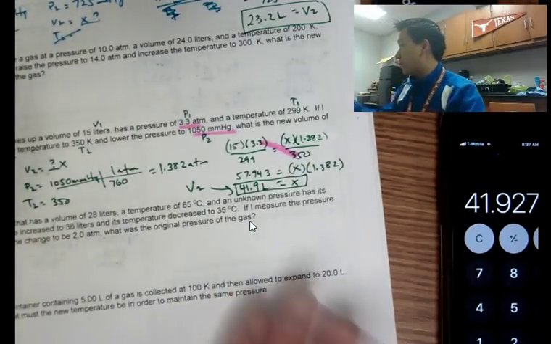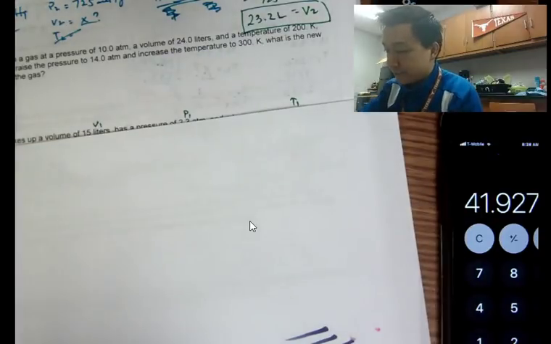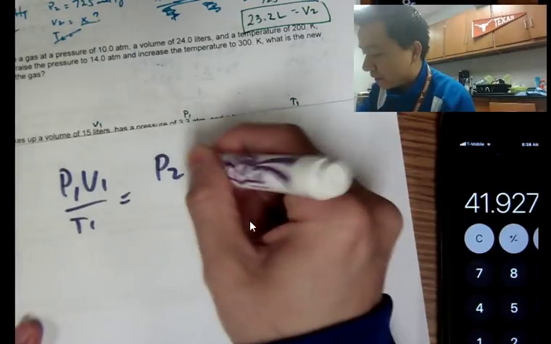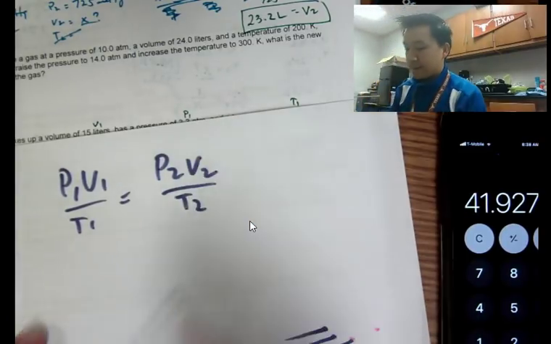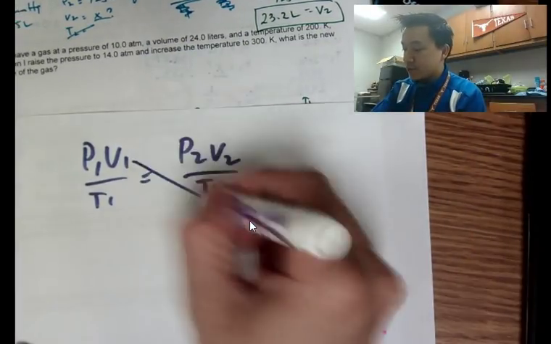Some people like to move the variables around first. For example, like this. If you'd like to do this, go for it. P1 V1 T1 equals P2 V2 T2. Maybe in other classes, Miss Carrasco's class or Miss Coronado's class, they cross multiply first like that.